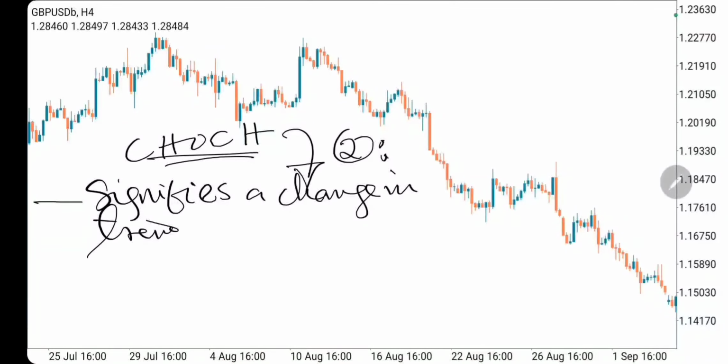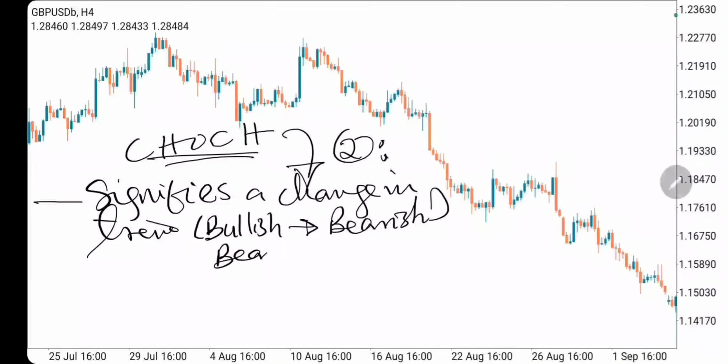Okay, it signifies a change in trend either from bullish to bearish, or from bearish to bullish. That is what change of character does.